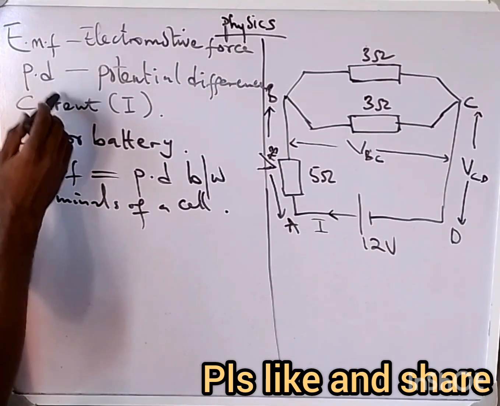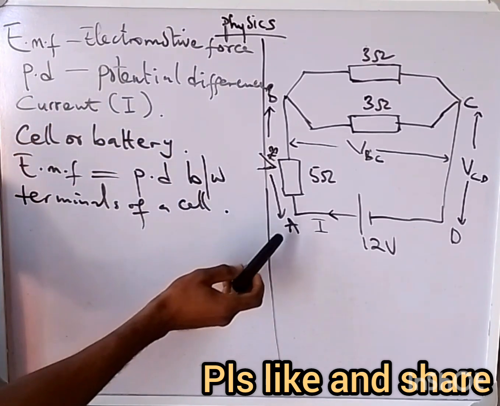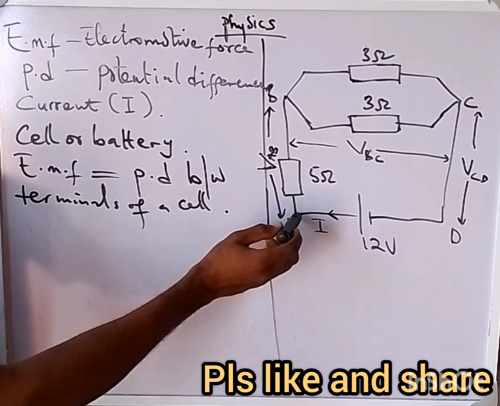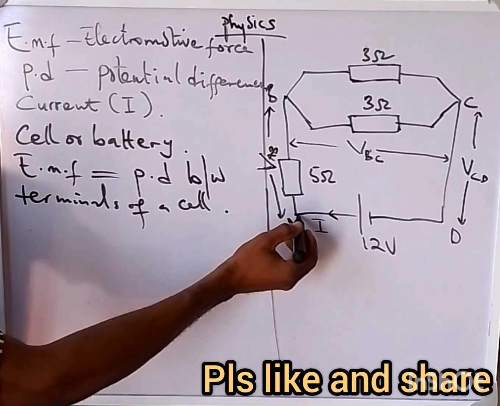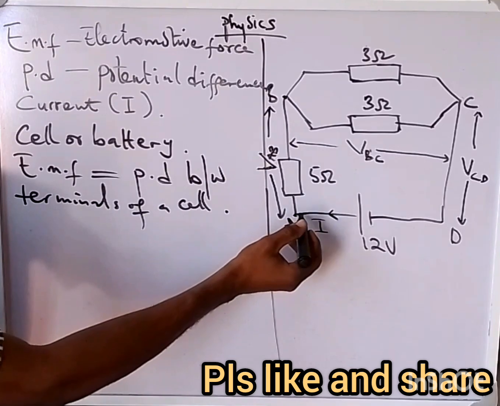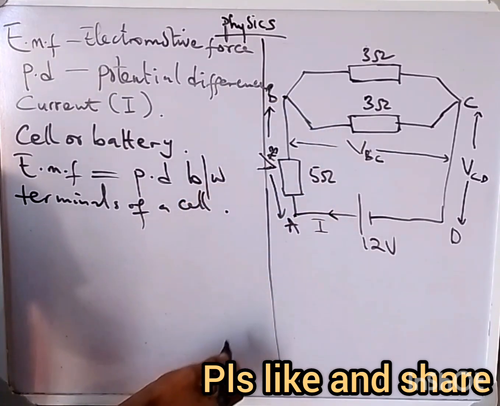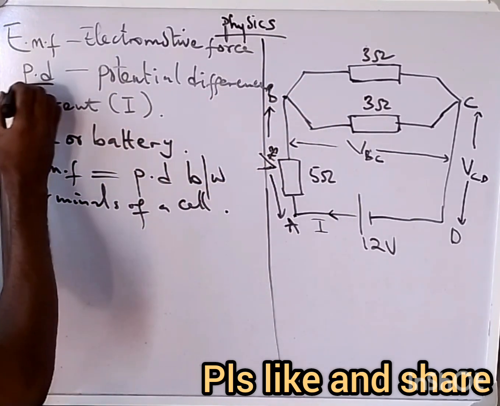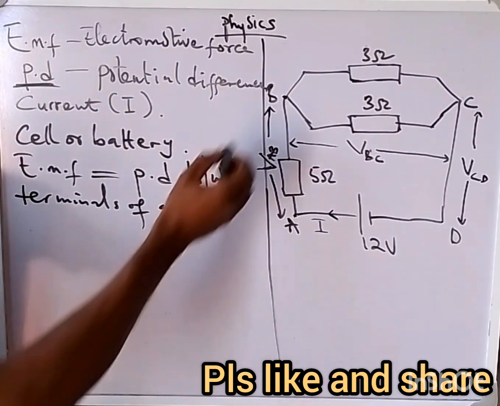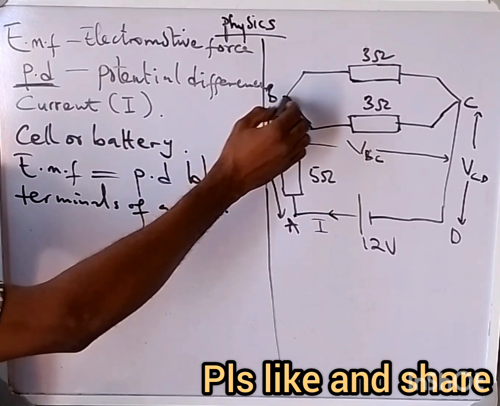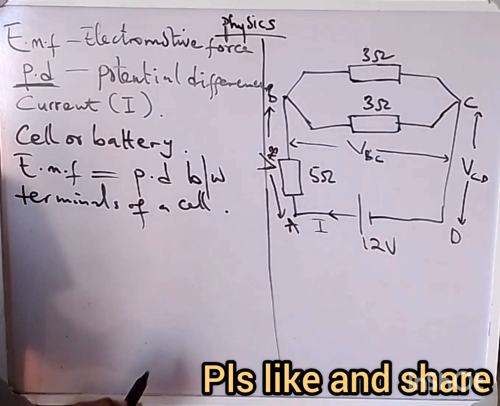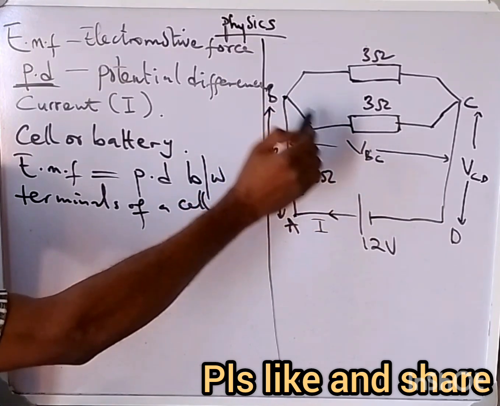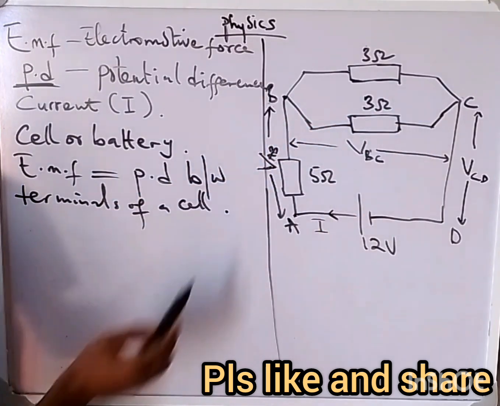Potential difference itself is the work done in taking a unit charge of 1 coulomb from one point in an electric circuit to another, like taking a charge from A to B. The work that is done in taking a charge from A to B is known as potential difference. Or the work in taking a charge from B to C is known as what? Potential difference. So you can use V. VBC means work done in taking a charge from B to C.